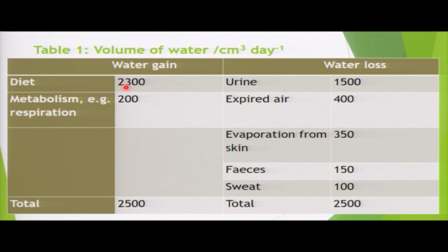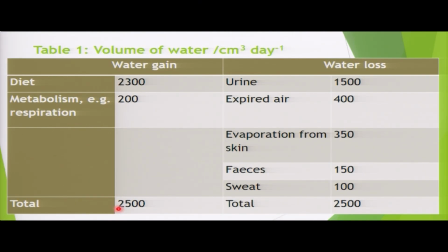And then from the metabolism that takes place in our body, we can get like 200 centimeter cube per day. Metabolism, like cellular respiration. Remember, when there is cellular respiration, there is also production of water. When there is metabolism of lipids, of fat, we get this water.